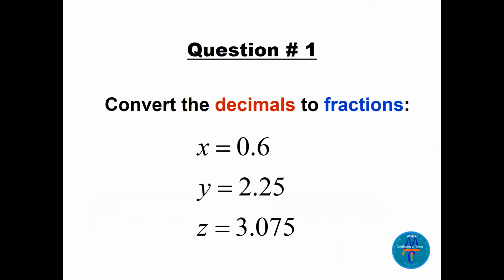As you can see, there is something common between these 3 numbers. You can pause a little, please, if you want to try to see if you can get the fraction. The aim here is to find the fraction that will give us 0.6, the fraction that will give us 2.25, etc.